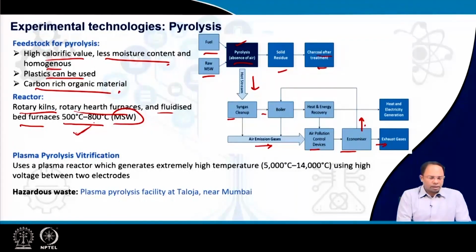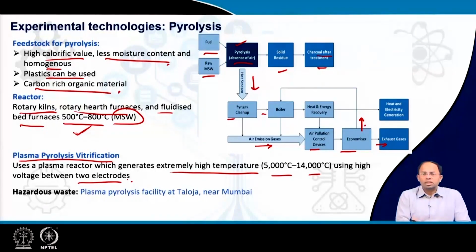500 to 800. Now, one new technology that is coming in these days is plasma pyrolysis vitrification, where it uses a plasma reactor which generates extremely high temperature, coming to around 5,000 to 14,000 degrees centigrade, generated using very high voltage between two electrodes. In this process, more or less, the entire waste is destroyed.